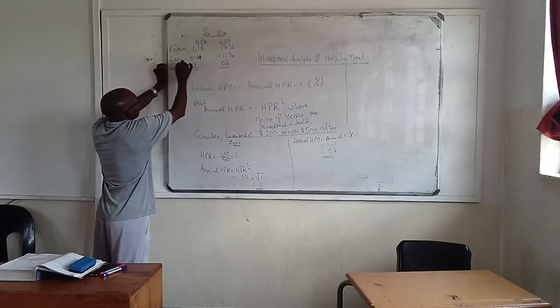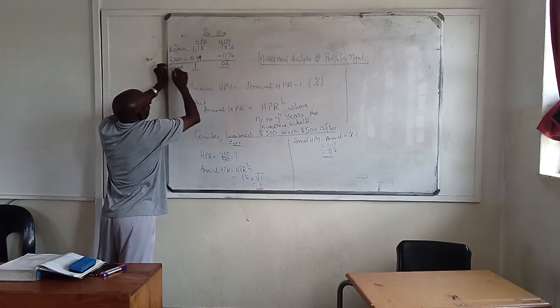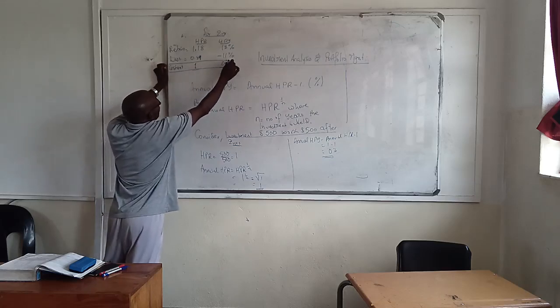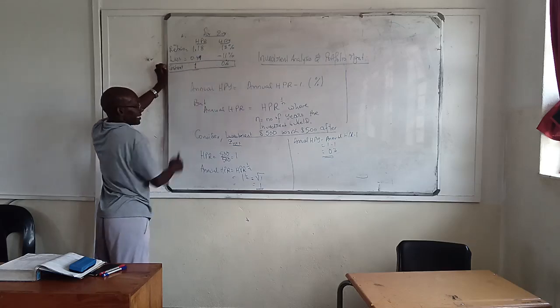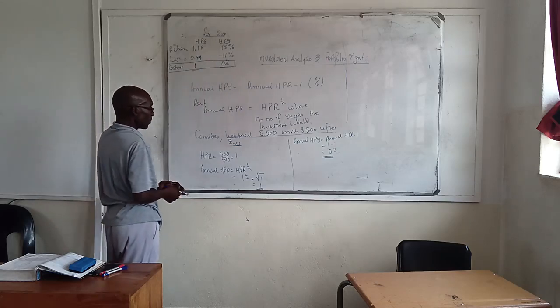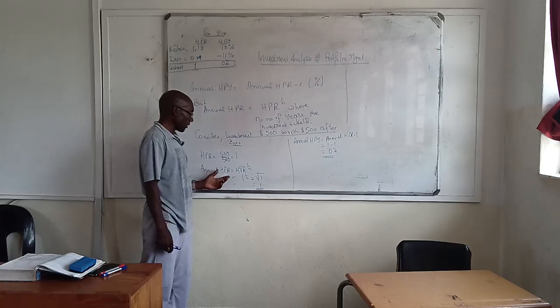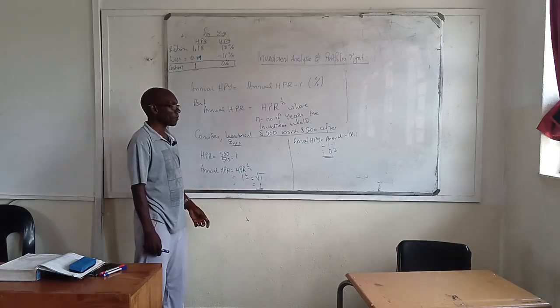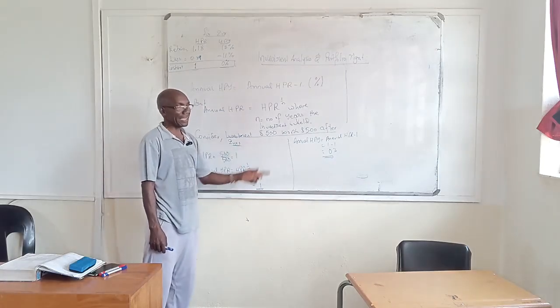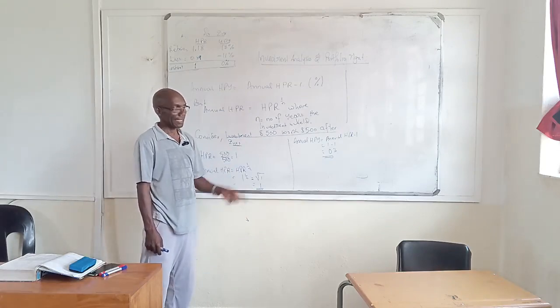You got that, and then you received it as it is. So, for the particular period, annual HPR, it is 1. Annual HPY, 1 minus 1, it is 0.